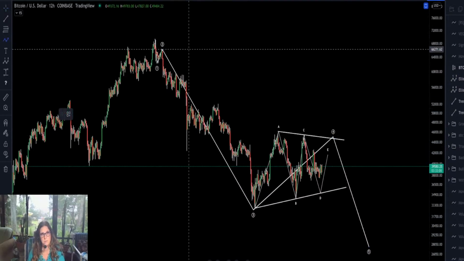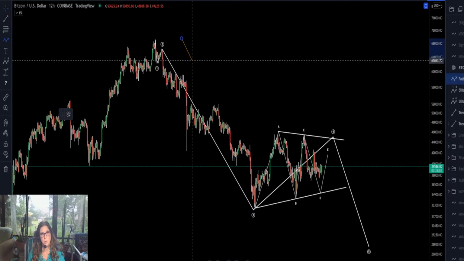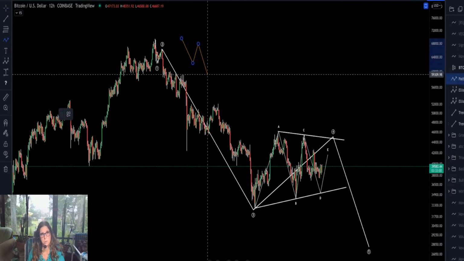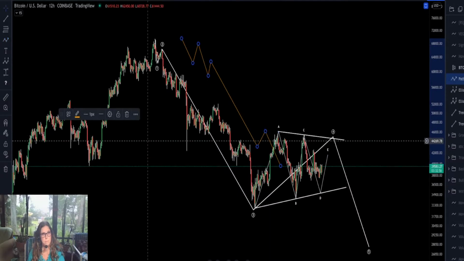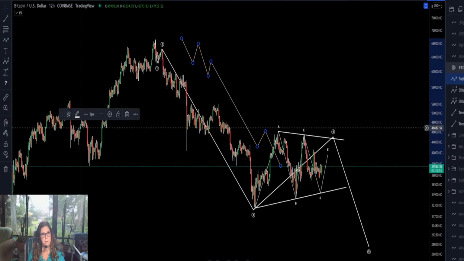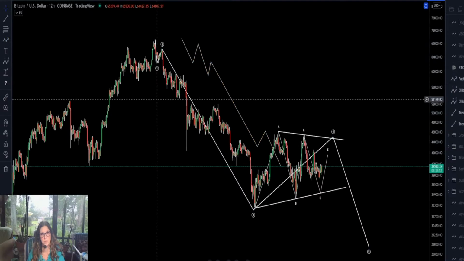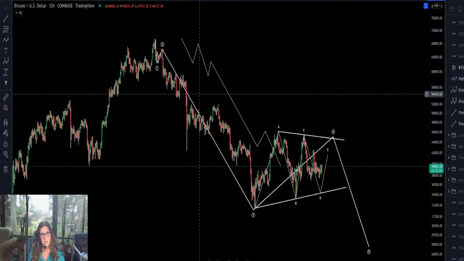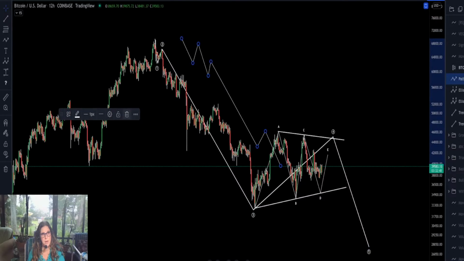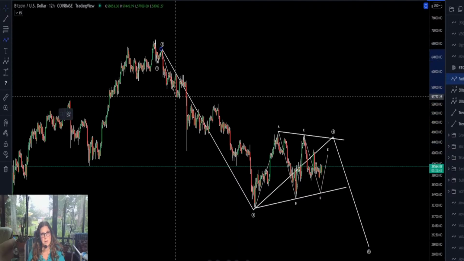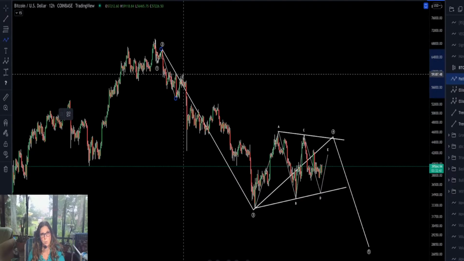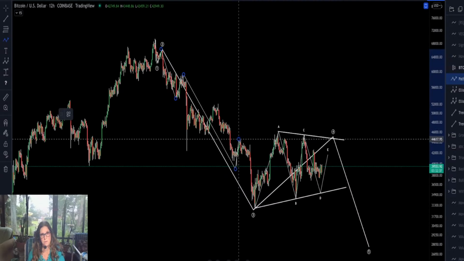If you have what we call a nest, a 1, 2, 1, 2, which is what this would have to be, okay? If you're putting this little 1, 2 up there like that, it's saying that this second wave to the downside and up is your second 1, 2 inside of a third wave.